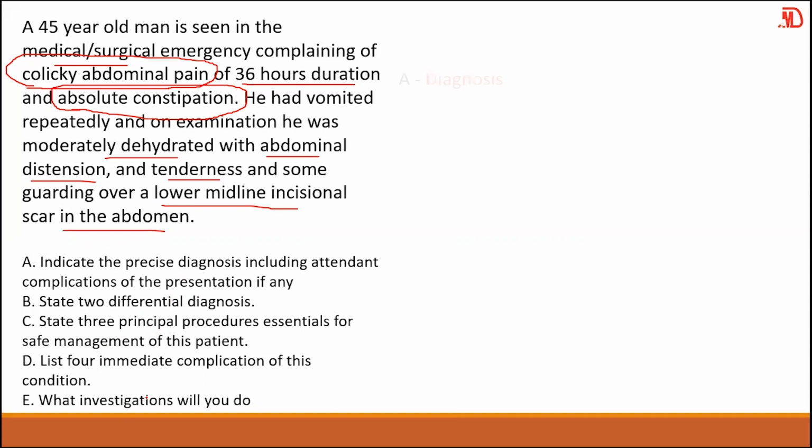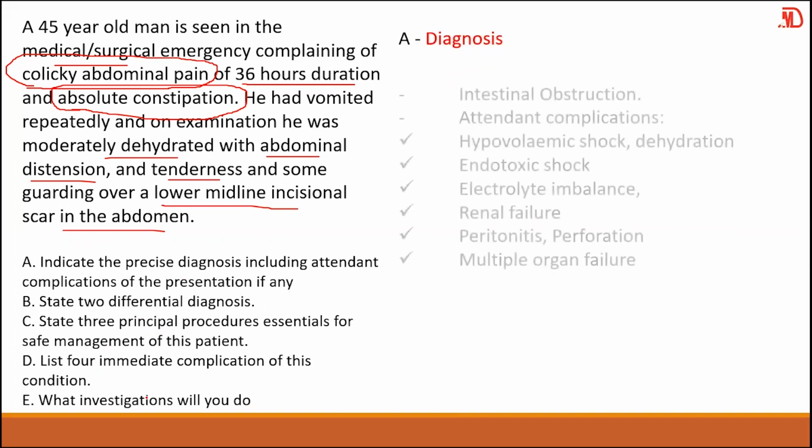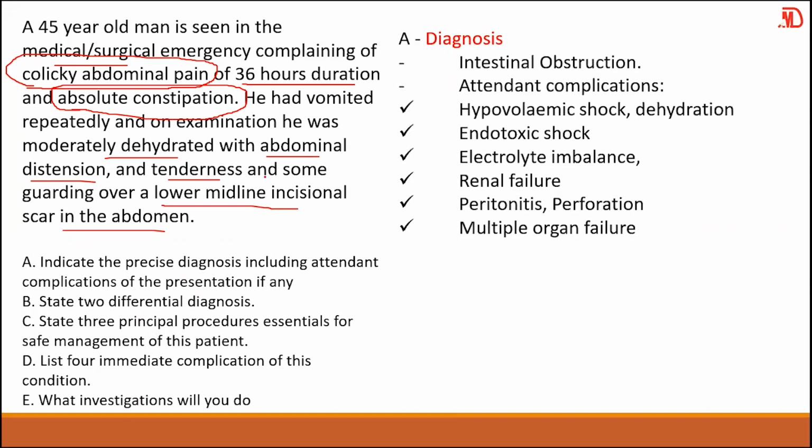So what is your possible diagnosis? Like I said earlier, we are thinking of intestinal obstruction. Of course, they didn't give us any further history to tell us whether it was a result of adhesion or whether there was an operation on this person before.